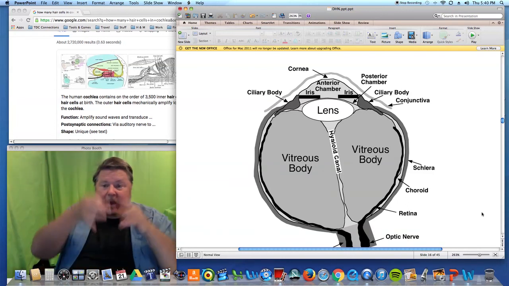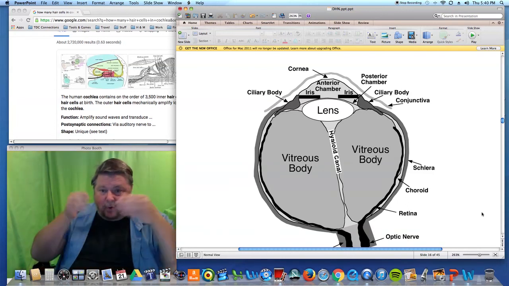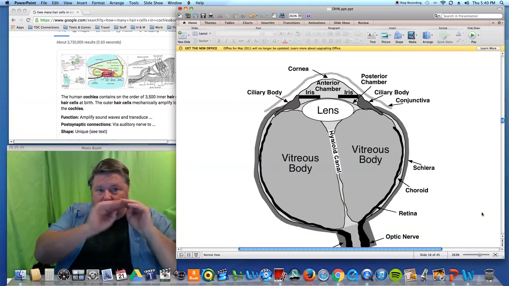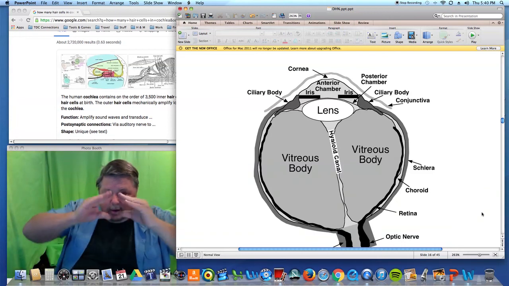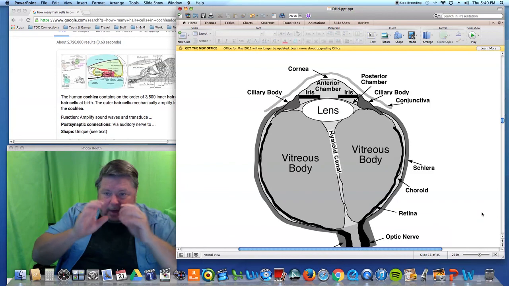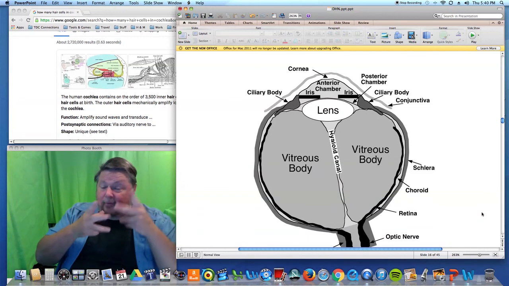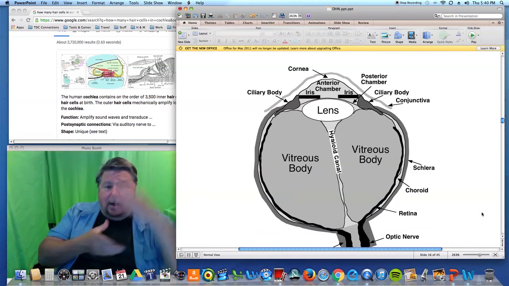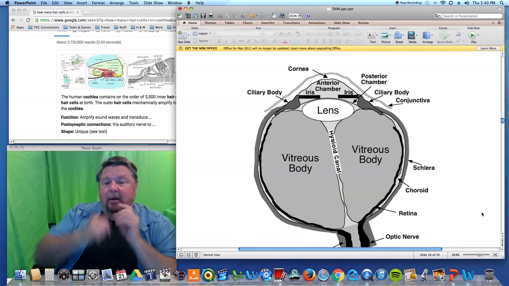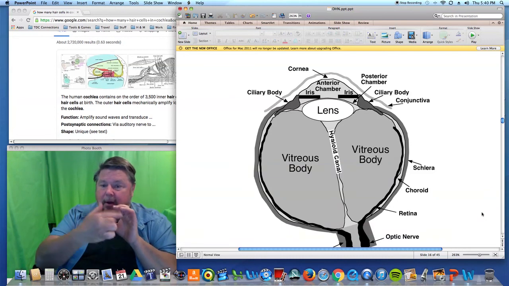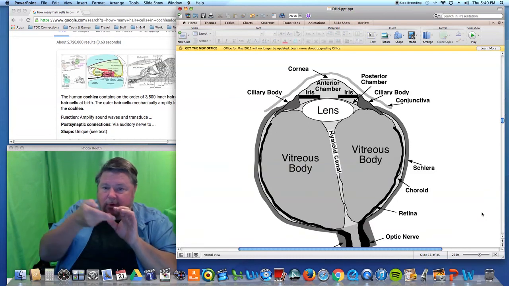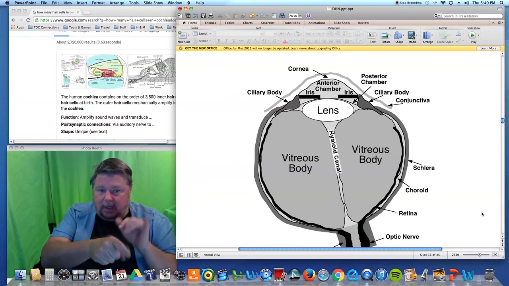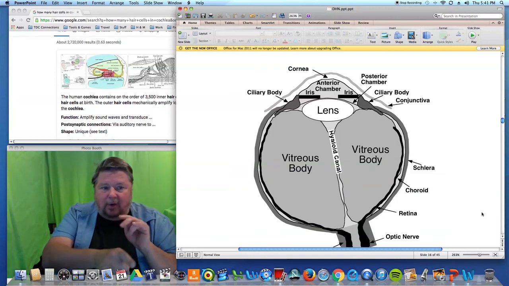You have a lens that focuses, because you have little muscles on either side that pull it or let it compact, and so you can focus the light on the back of the eye. So light comes in, gets focused, goes through the vitreous body, and then hits the retina.